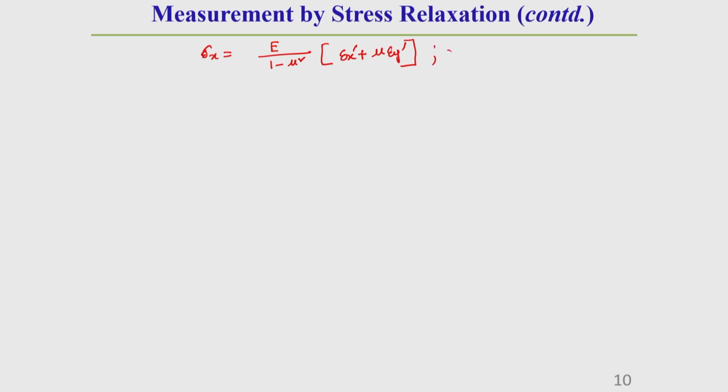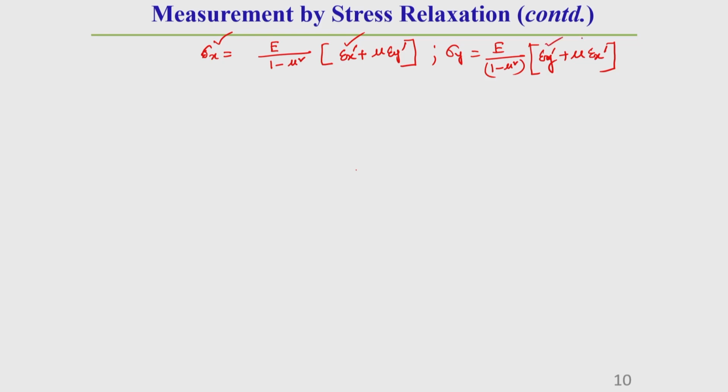So, sigma y you got as E by 1 minus mu square, this is epsilon y dashed and this is epsilon x dashed. So, once it is sigma x, then there is epsilon x dashed; once it is sigma y, there is epsilon y dashed. This you just keep in mind.